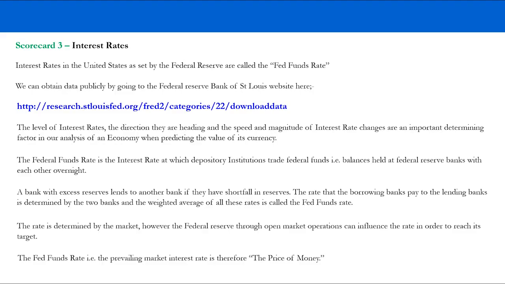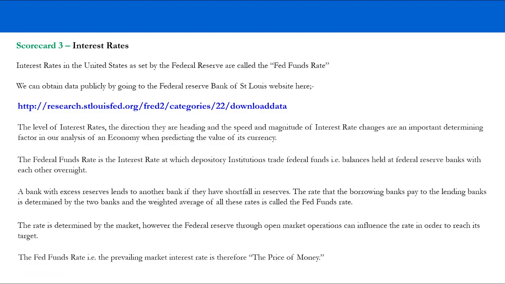However, the Fed, through what they call open market operations, basically influences the rate in order to reach their target. So the Fed funds rate, the prevailing market interest rate, is therefore the price of money. So the price at which money is borrowed and lent.